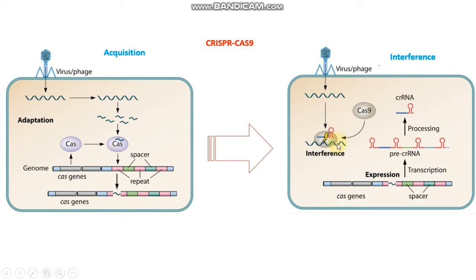So that CRISPR RNA is called the guide RNA, and then the Cas9 recognizes that DNA-RNA duplex, and it cleaves the foreign DNA at a certain portion known as the PAM sequence.